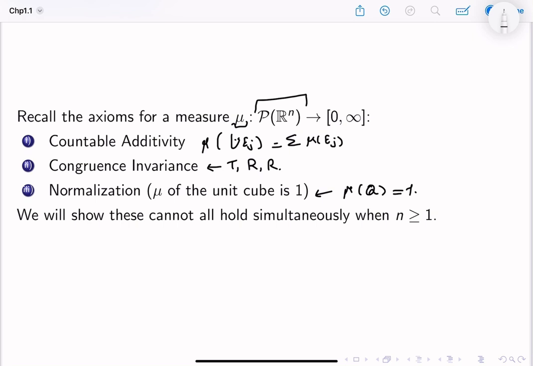And then after we see the impossibility of such a definition, we're going to restrict its domain and make it possible.